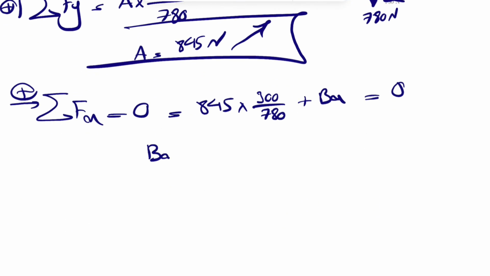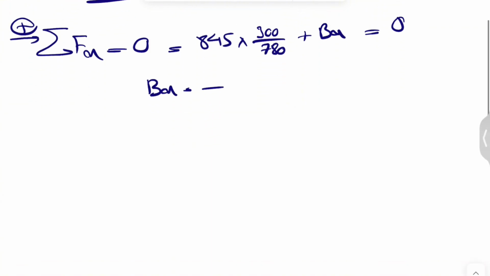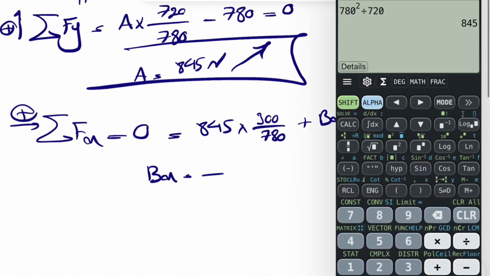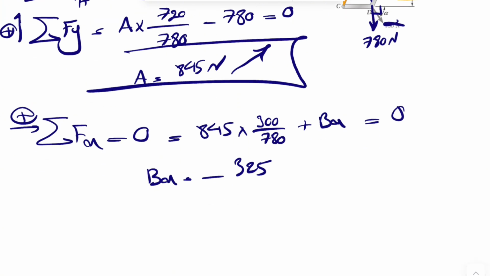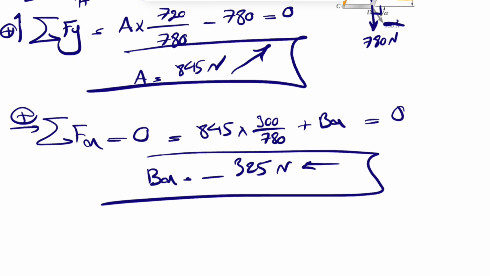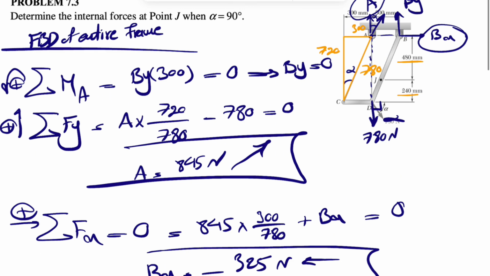So our Bx would be minus, let's calculate this, 845 times 300 divided by 780. So minus 325, and the negative sign in here shows that our Bx was actually to the left. So our assumption for Bx was incorrect. We found all the reactions.